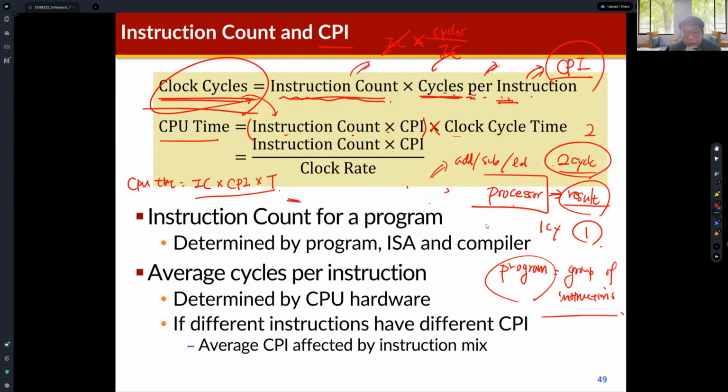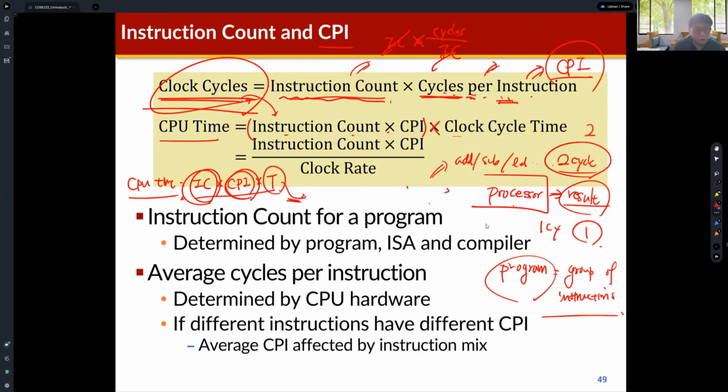Then this CPU time has 3 factors: instruction count, CPI, and clock period or clock cycle time. I already explained the clock cycle time. Then how is CPI determined and how is instruction count determined?